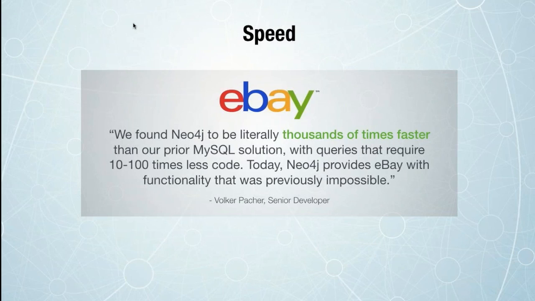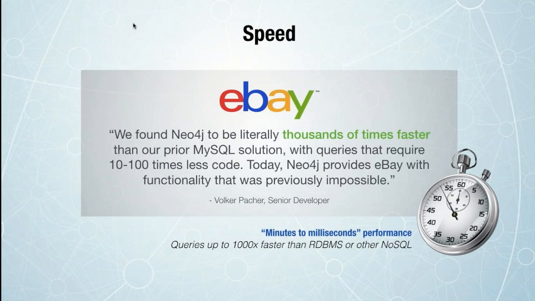In fact, they do same-hour delivery, and they were so successful that they were bought by eBay, and now this service is called eBay Now, and is providing same-hour delivery services all over the world. The developers at eBay say minutes to milliseconds, and that's literally true. Very, very much faster using Neo4j.